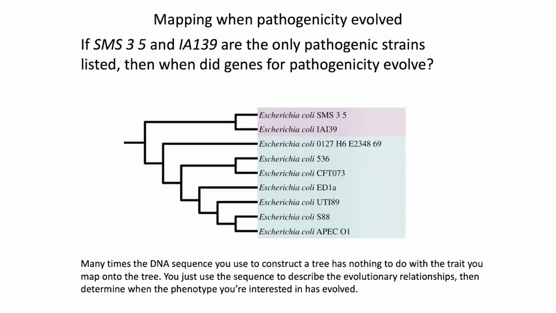These sequences are just these 16S-like sequences that you establish the evolutionary relationships with. They're not actually the mutations that cause the phenotypic change. Often, when we're doing these analyses, we might not know what gene confers antibiotic resistance or what gene causes a virus to be able to shift hosts.